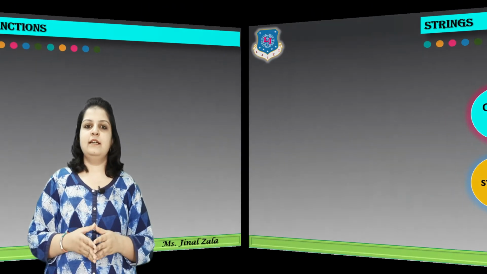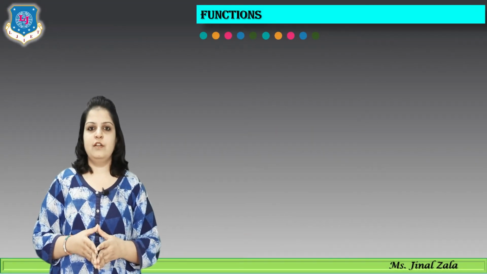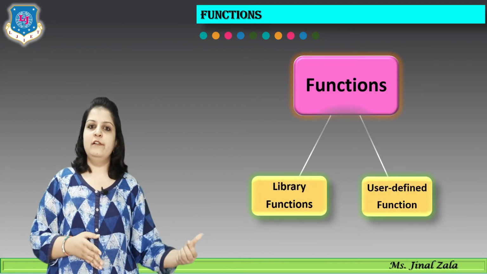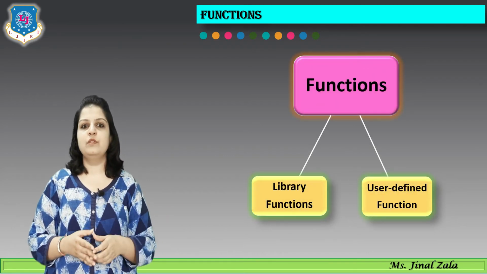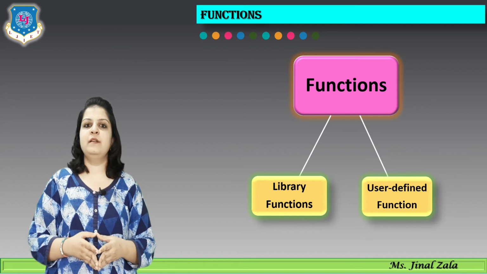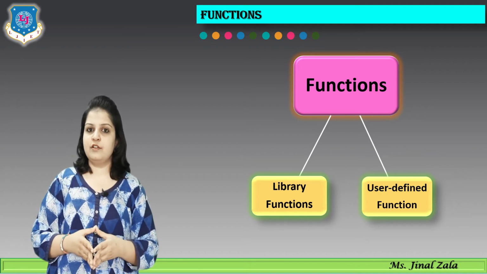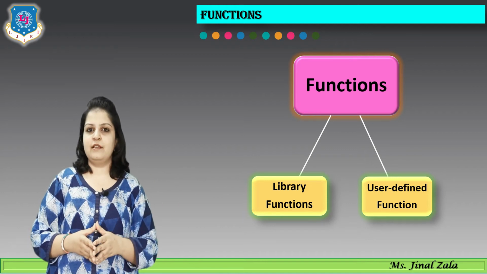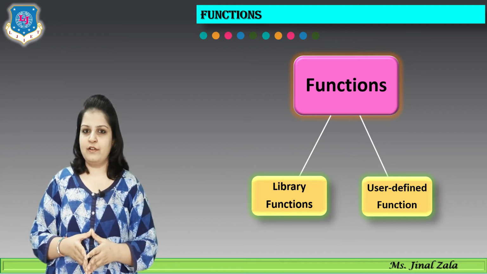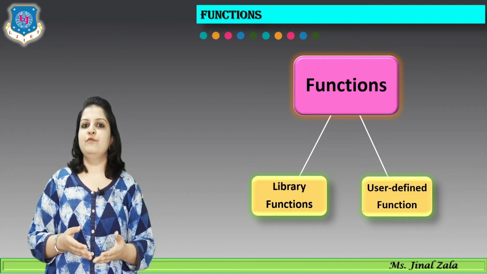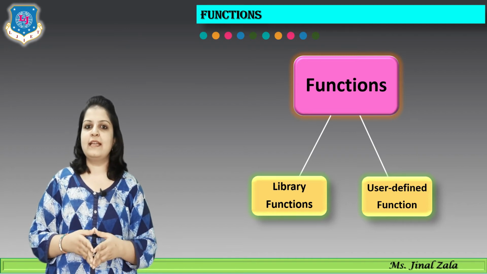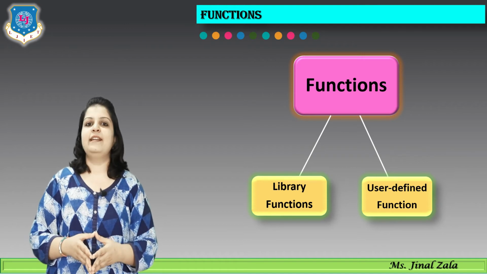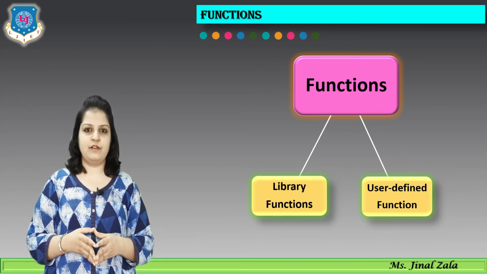Then the next concept is function. So we have mainly two types of function, inbuilt function as well as user defined function. Now what do you mean by inbuilt function? The functions which are already available in predefined libraries are called inbuilt functions. And what do you mean by user defined function? The user can create his or her own function, that is called a user defined function.